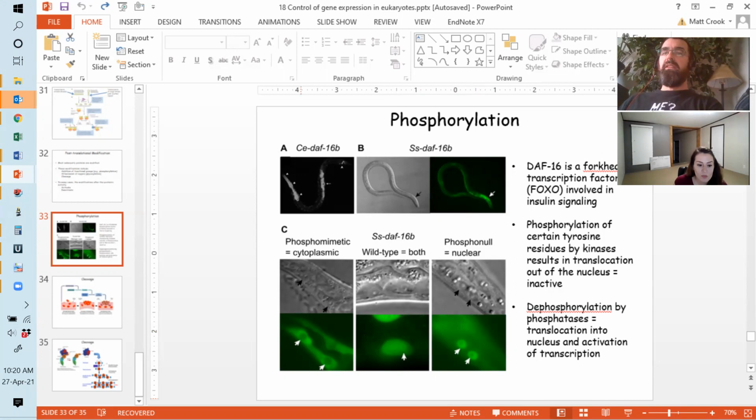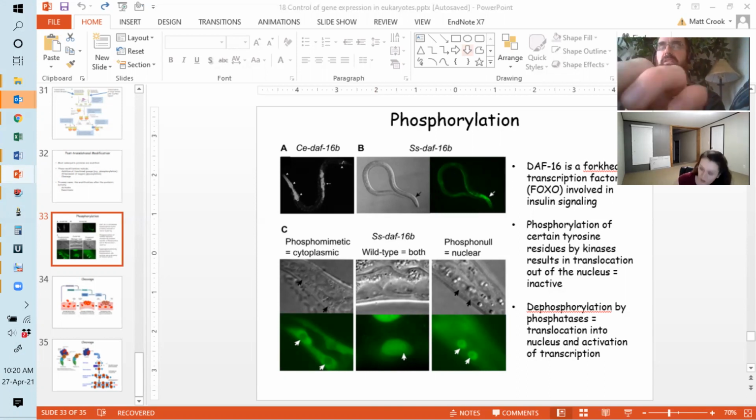And you can actually study that by making mutations which change those residues which can be phosphorylated. So three types of amino acids can be phosphorylated.